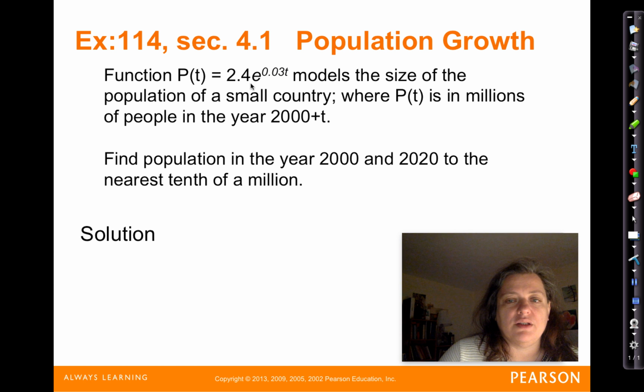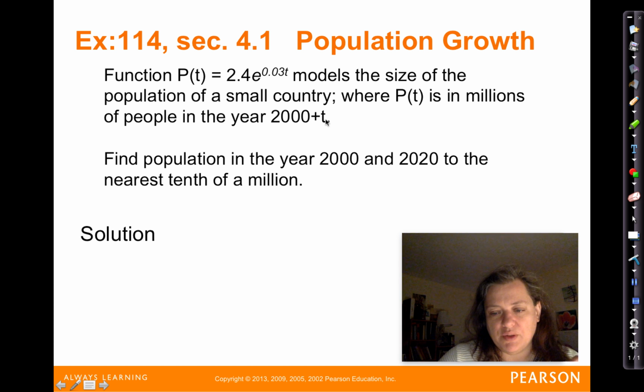Now, you need to be told what the units are here. This is not something that you can completely intuit just from this form. So you're told that P(t) is measured in millions, and the time goes like this. So basically, looking at this, you immediately understand that what corresponds to the year 2000 is when t is equal to 0.